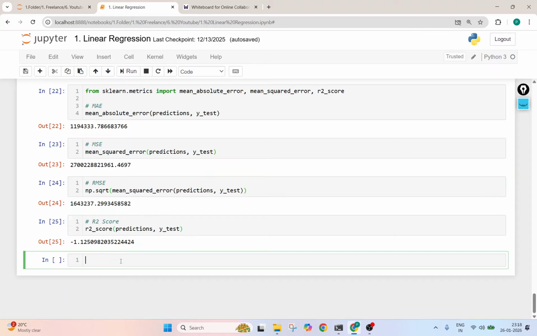Okay. Now finally the adjusted R2 score. What is the formula?